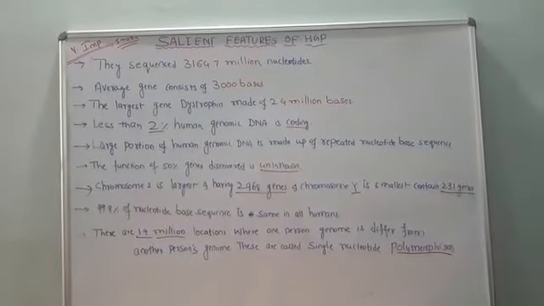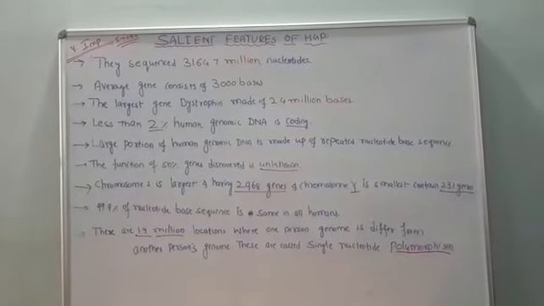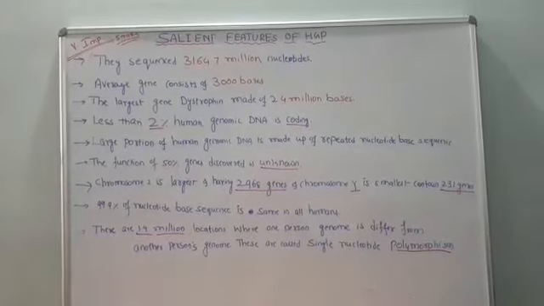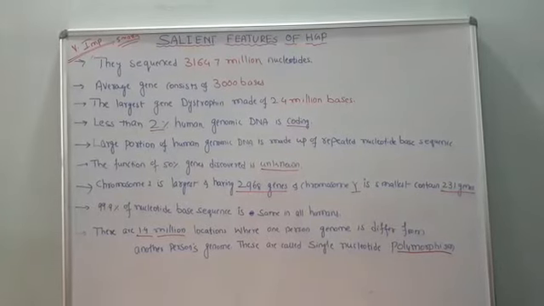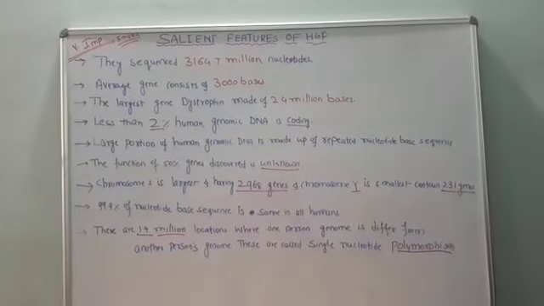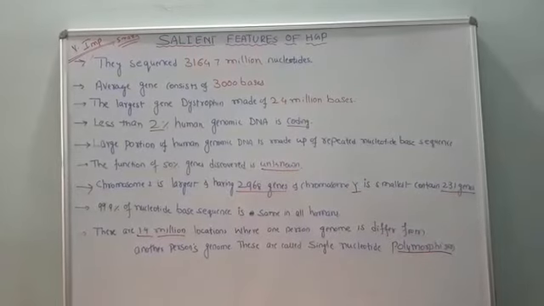Then, chromosome 1. There are several chromosomes, like chromosome 1, chromosome X, chromosome Y. Chromosome 1 is the largest chromosome, which can accommodate about 2968 genes.